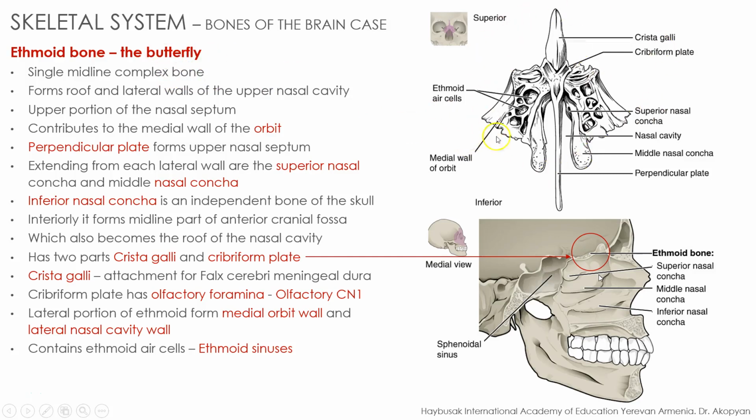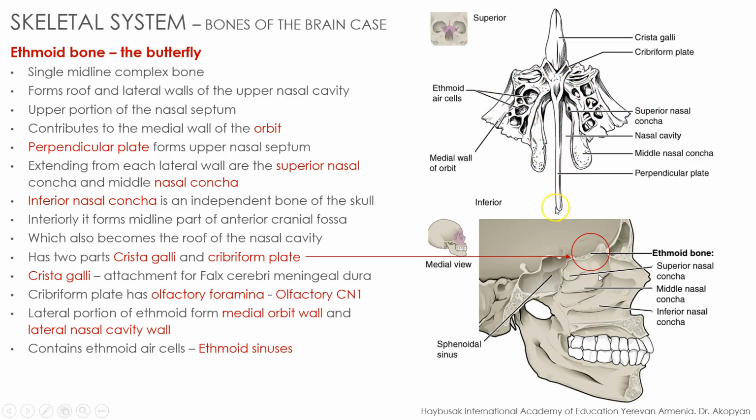This is the ethmoid bone. The ethmoid bone is a single complex midline bone. It forms the roof and the lateral wall of the upper nasal cavity, and the upper portion of the nasal septum. It contributes to the medial wall of the orbit.